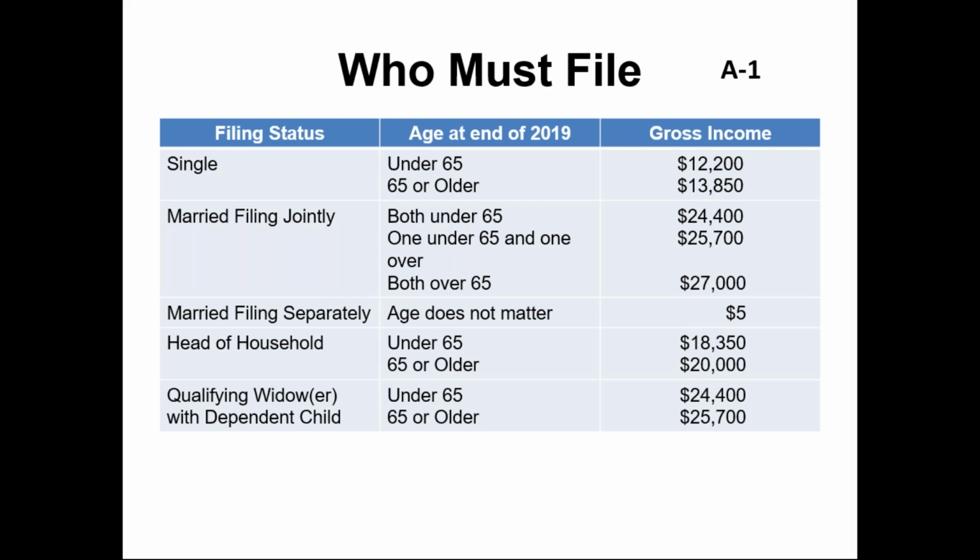The reason this occurs is because if you're married filing separately and your spouse itemizes their deductions, you are required to itemize your deductions as well, even if you have no deductions to itemize. Meaning $5 is the threshold that would put you to $1 worth of liability. So for married filing separately, you'll hear many times today why that's probably not the best filing status to use. And this is one of those reasons.